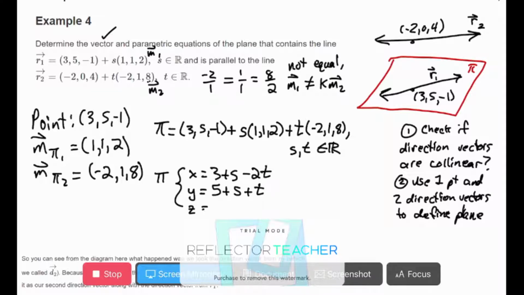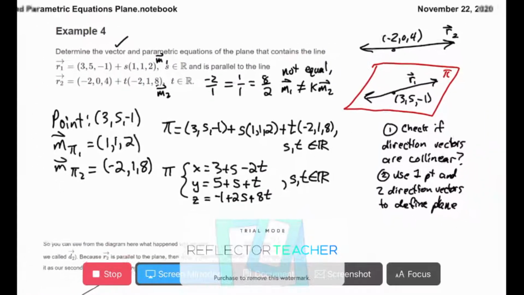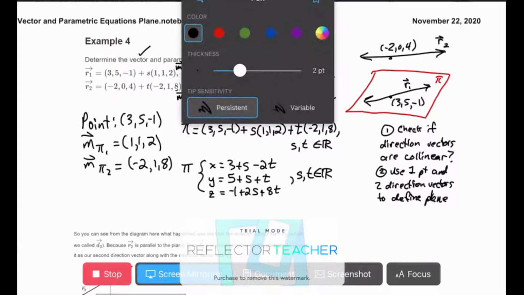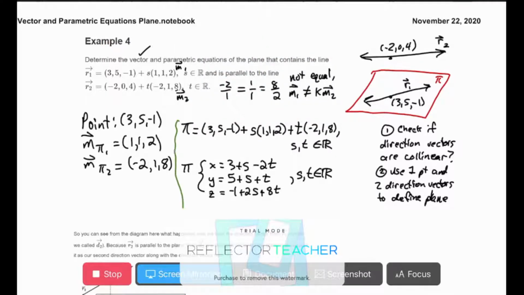And z is equal to negative 1 plus 2s plus 8t, where s and t are elements of the reals. Excellent. Looks pretty good to me. Let's just put a box around that to indicate that it's our conclusion to this question.